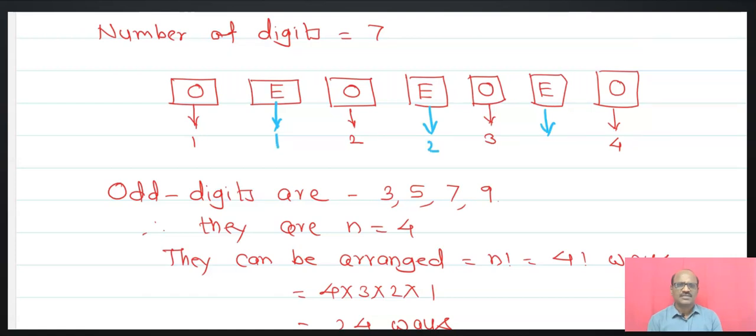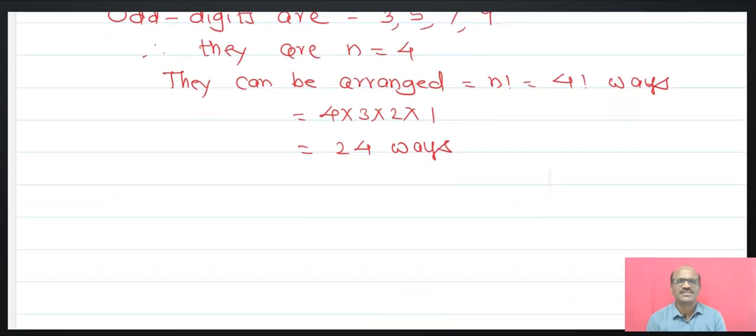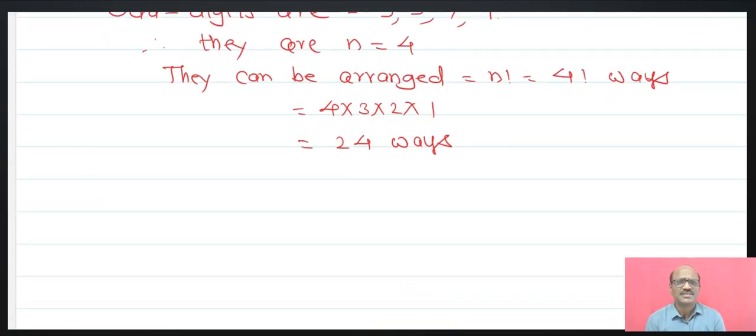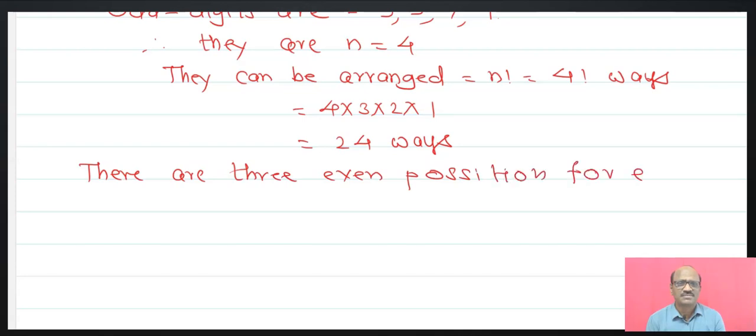Now next, see these even digits. There are 3 even positions, that is for 4, 6, 8 digits.